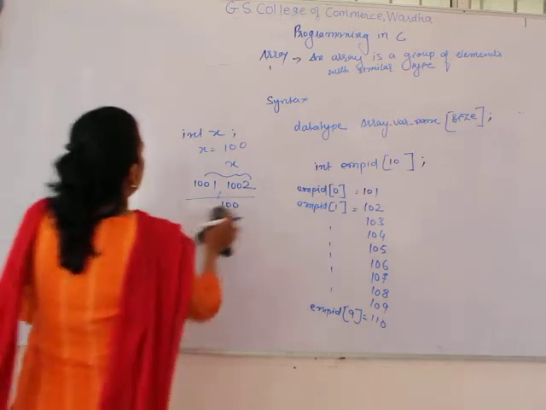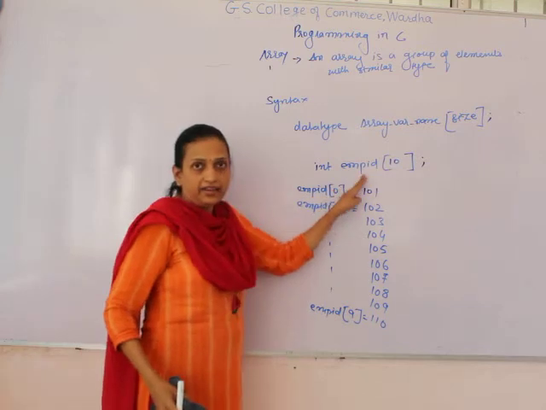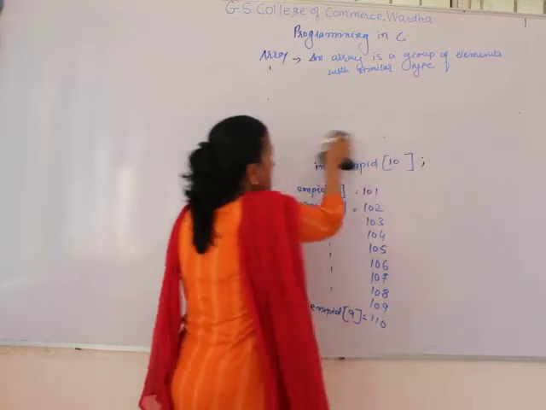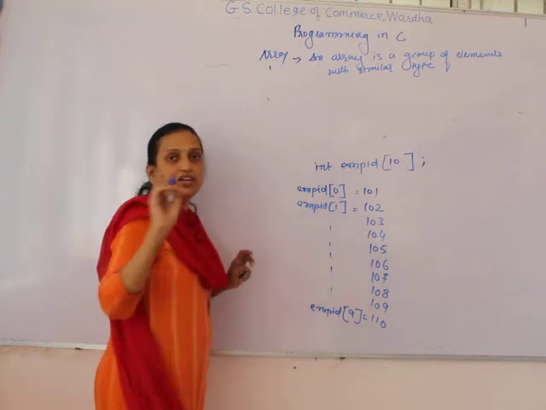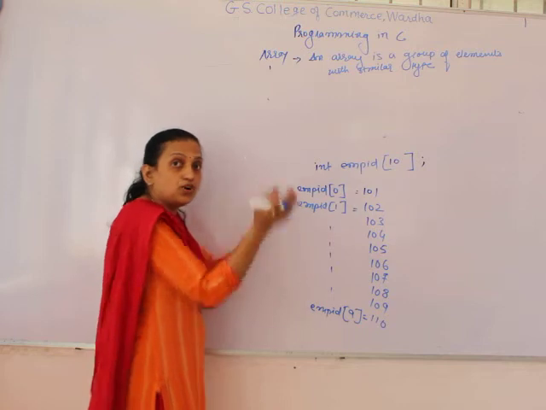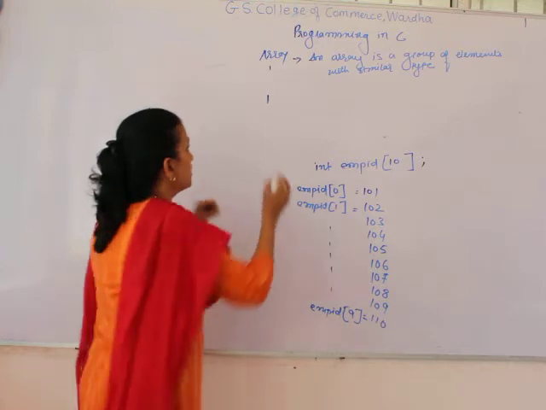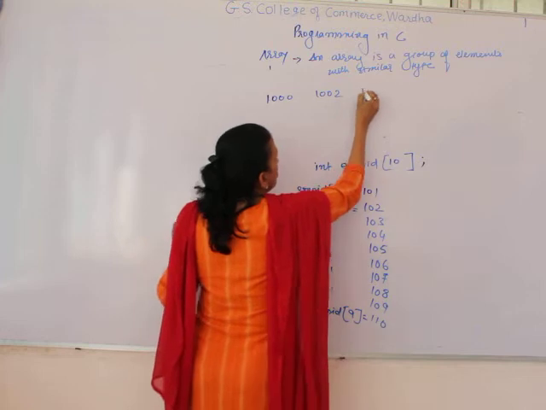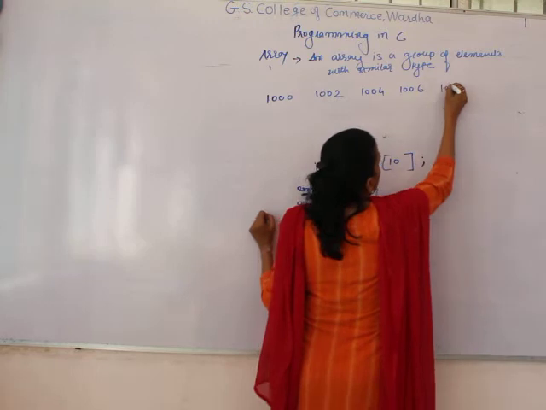When you declare the array variable in such a way, it stores these values in a sequential, continuous manner. Suppose it took the first location of your memory as 1000, the second is 1002, 1004, 1006, 1008. Why?